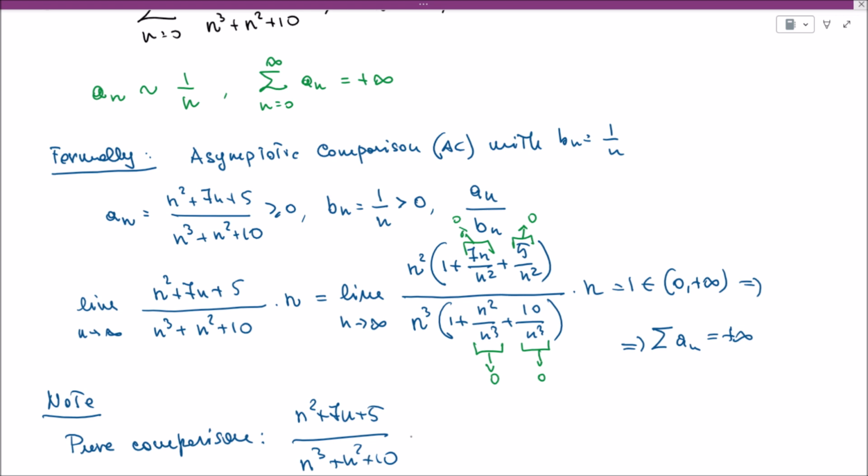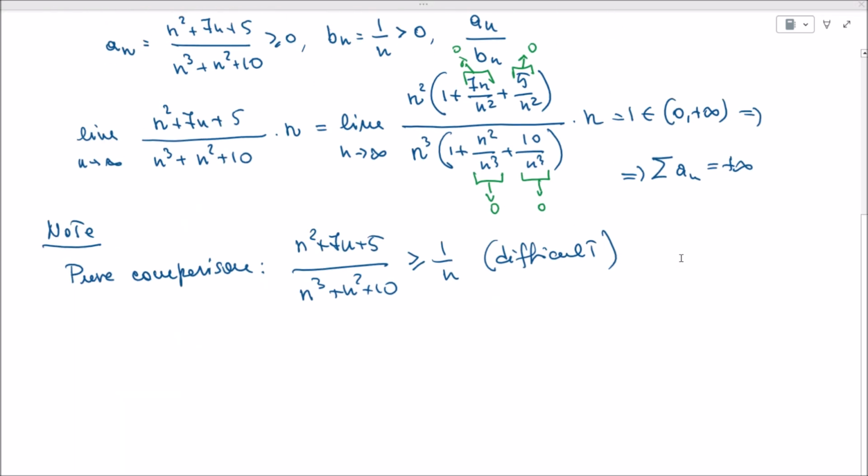We should prove that this is always larger than or equal to 1 over n, which is possible, but it's very difficult to work around this inequality. Much better to use the asymptotic comparison.